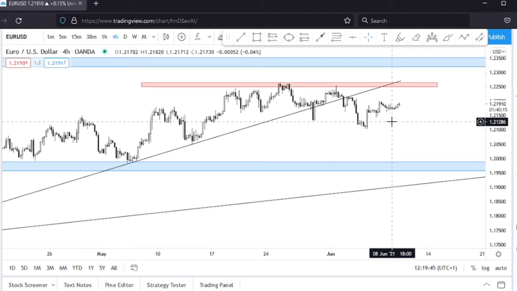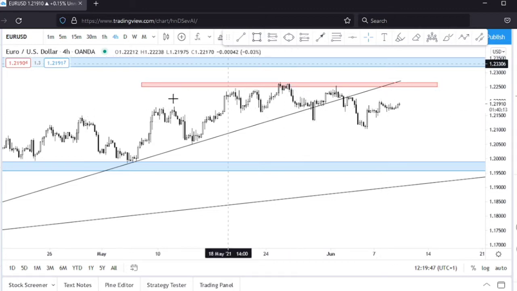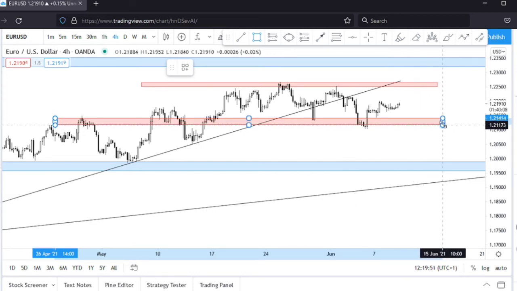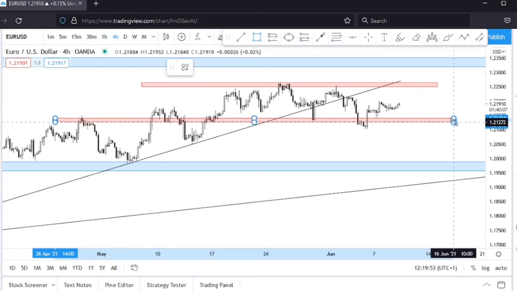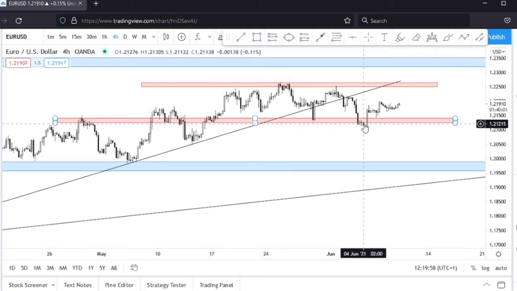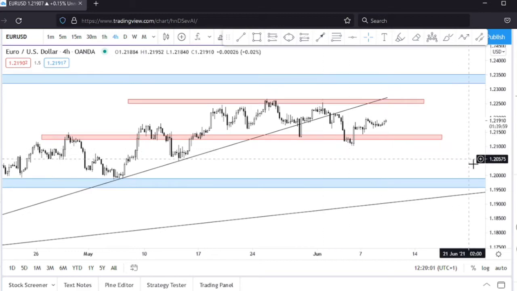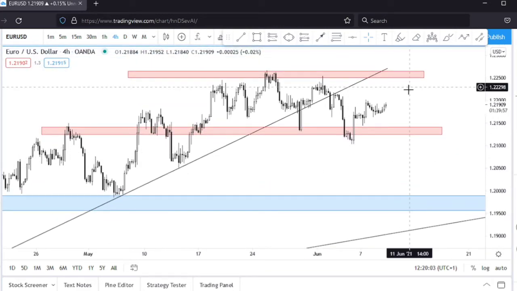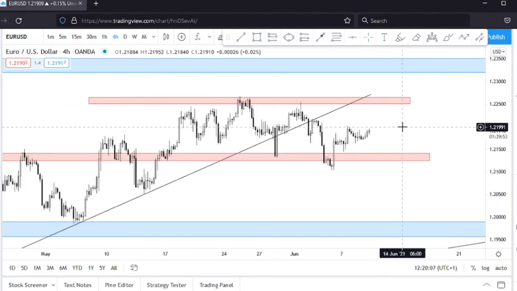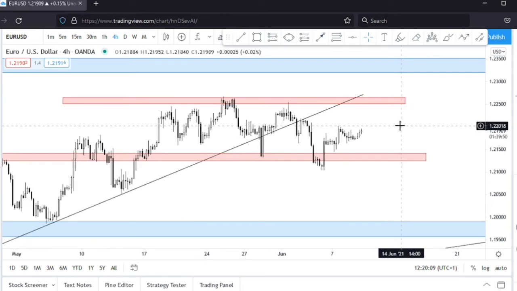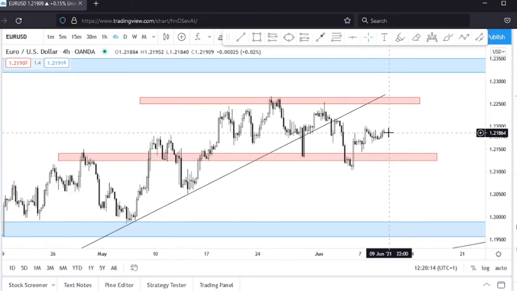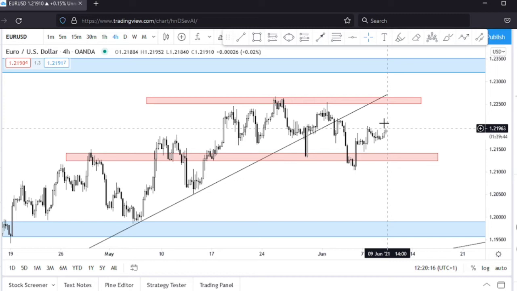From here there's a support level over here, where there was a false breakout of this support level. Currently, as a swing trader, I wouldn't trade this, just because I don't have a very clear opportunity to sell.